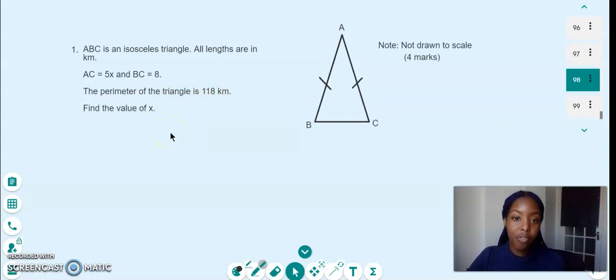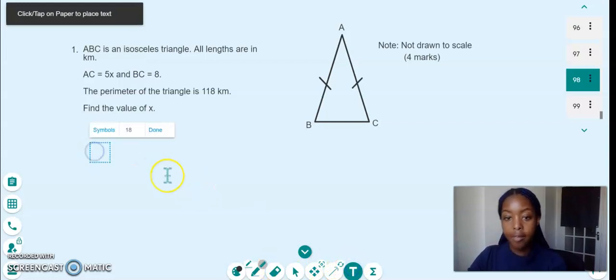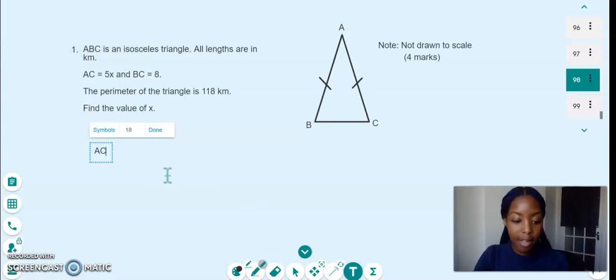We know that the perimeter of a triangle is the same thing as AC plus BC plus AB for these sides right here. And if I was to just type this out in a line, AC plus BC plus AB is the same thing as the perimeter of that triangle.